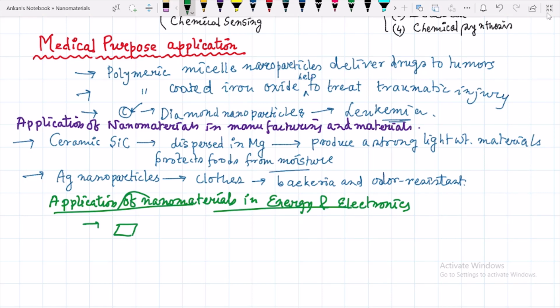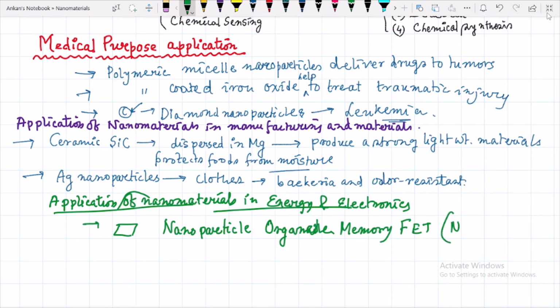So these are some applications of nanoparticles in energy and electronics, and the more important thing is that we can manufacture the nanoparticle organic memory field effect transistor, NOMFET, by the application of these nanomaterials, which are very helpful and act as a great transistor.